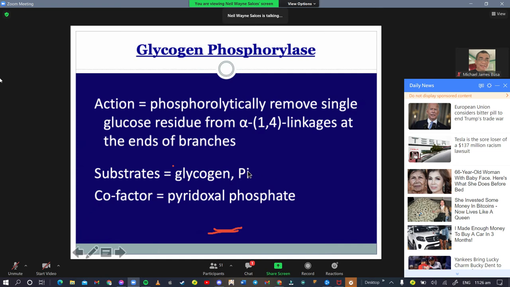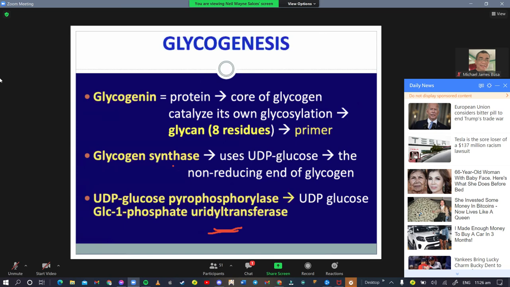Its substrates include your glycogen and Pi, and you need a cofactor that is pyridoxal phosphate. This pyridoxal phosphate is not the reactive group; rather, it is the phosphate group that is catalytically active.